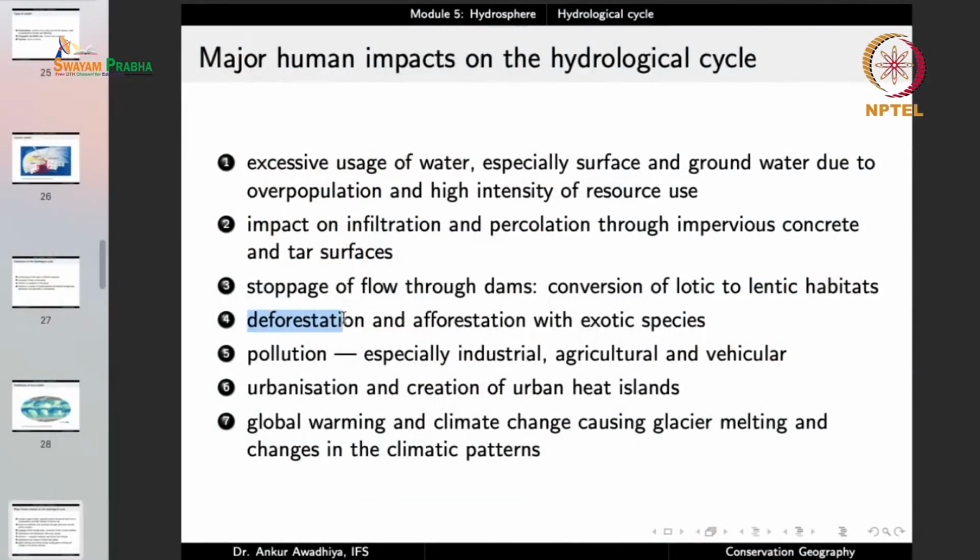Then we are doing deforestation and at times afforestation, but being done with exotic species, those species that are not suited for that area. Now, when we do deforestation, when we cut away the trees, then we are impacting the hydrological cycle, not only because the trees perform a vital role of transpiration, but also because the trees hold up the water and aid in the groundwater recharge.